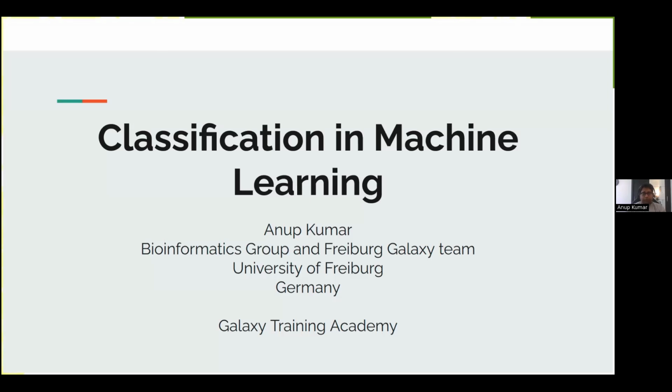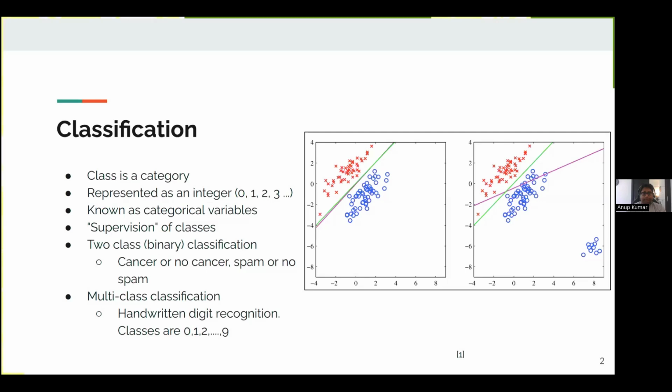In this talk, we will be discussing classification in machine learning. What is classification? Classification, as the name suggests, is to find different classes or categories in a data set in an automatic way. Machine learning provides various methods for doing classification tasks.